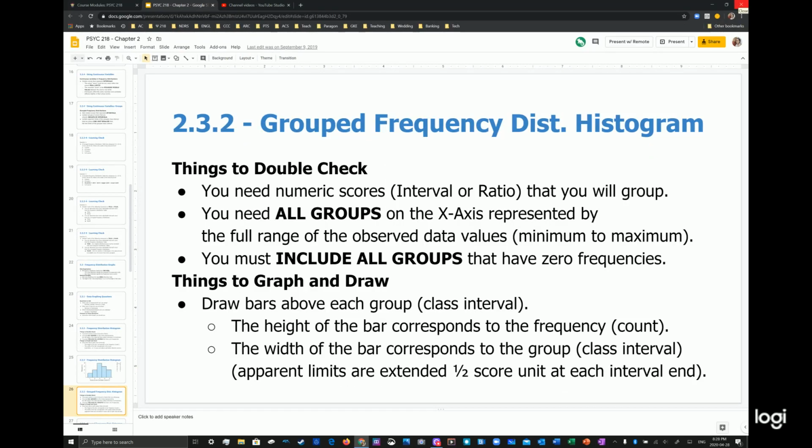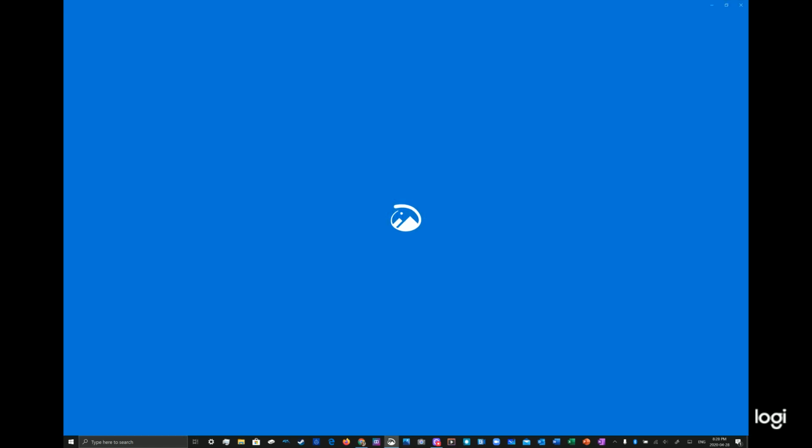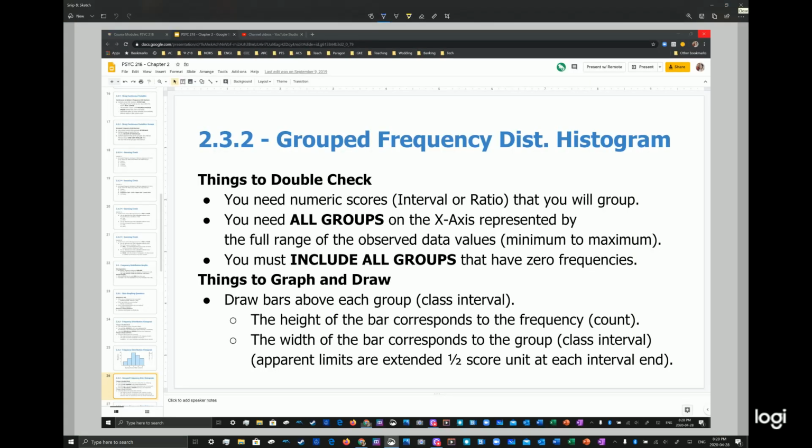You can also do group frequency distribution histograms, and the double check questions and the things to draw are similar to quote-unquote regular or individual frequency distribution histograms. Again, you would have numerical scores for your groups.